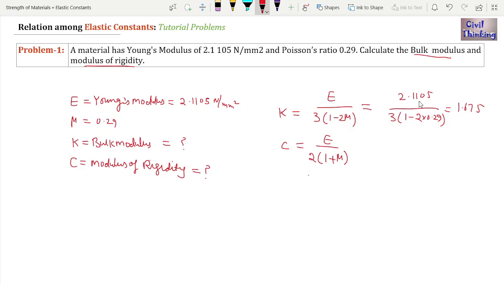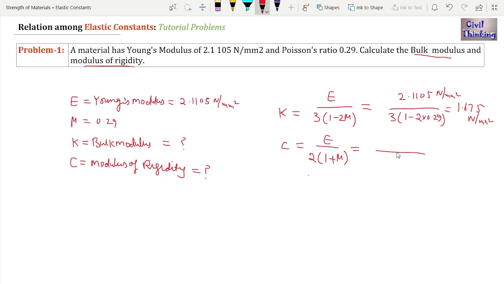E is in Newton per millimeter square, and mu is a Poisson's ratio, it does not have a unit, so overall the unit is Newton per millimeter square. So we get the value of bulk modulus K to be 1.675 Newton per millimeter square.